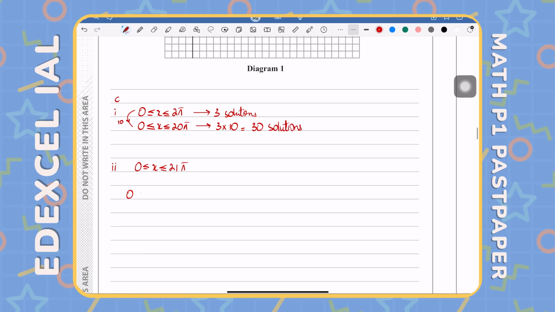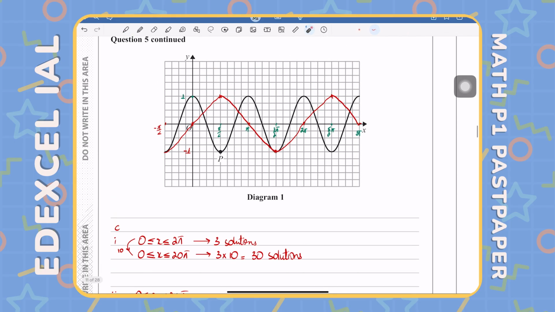Notice that the question just made us find out the number of solutions between 0 and 20 pi. What's that equal to? That's equal to 30. So we have 30 solutions here. Now, between 20 pi and 21 pi, because this is just like 1 pi, we can just see how many solutions we have in a pi.